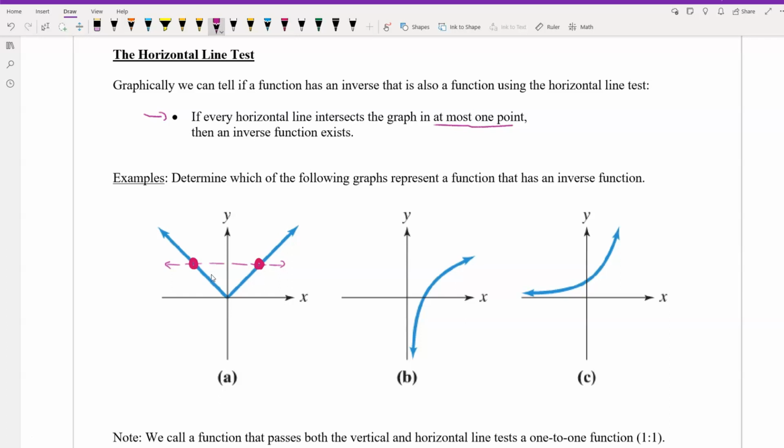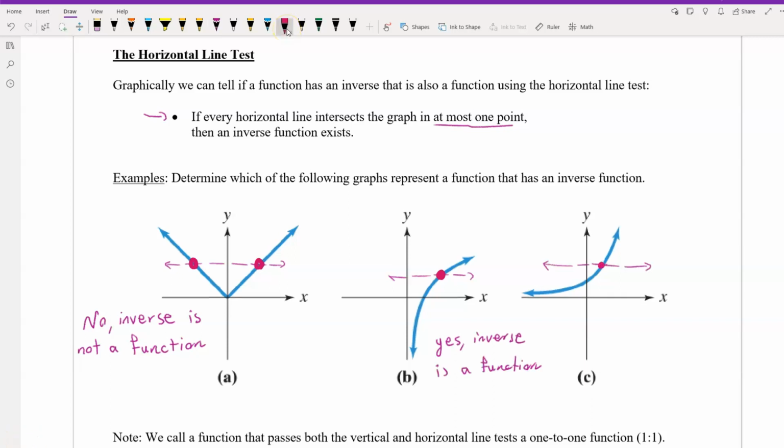So the inverse is not a function. But here for this part, it intersects in at most 1 point. So the answer for this one is yes. The inverse is a function. That is the same for this part.